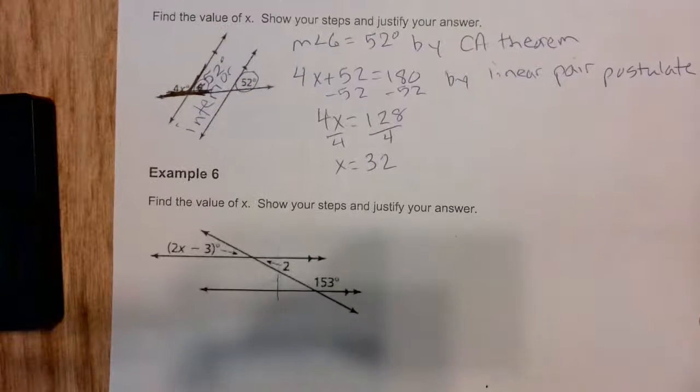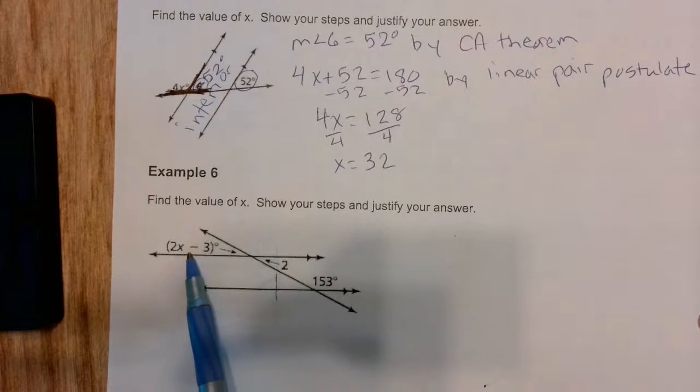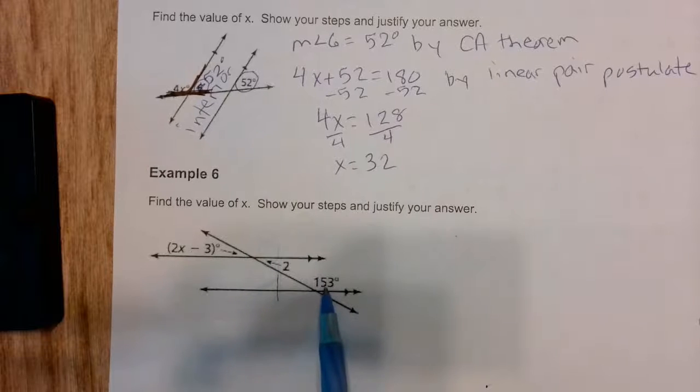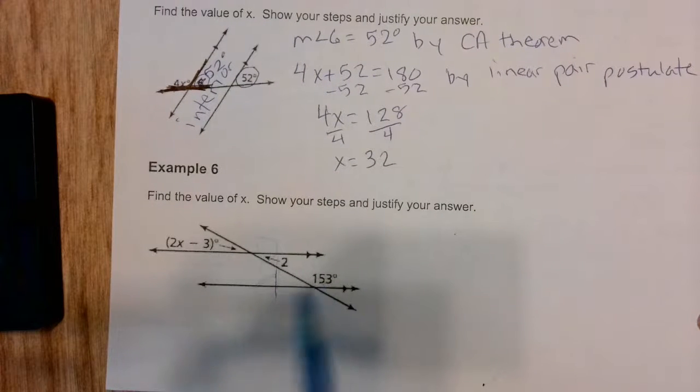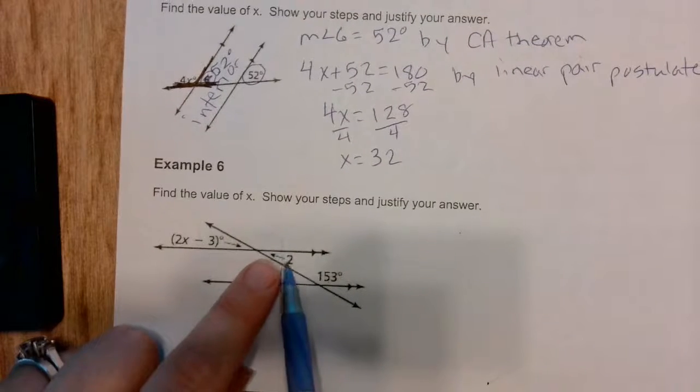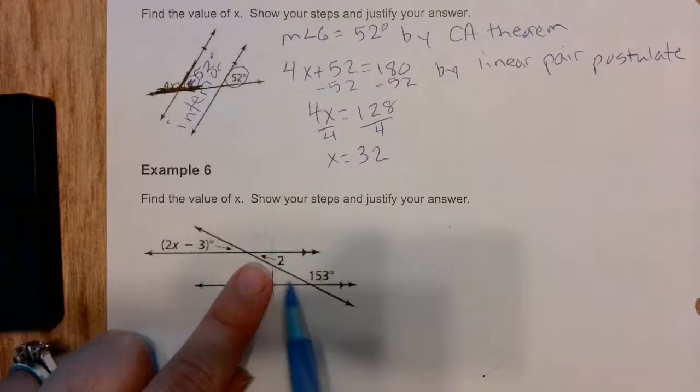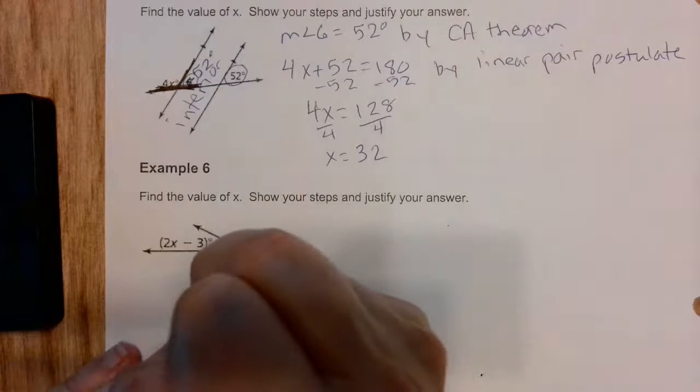Last example, find the value of x, show your steps, and justify your answer. So let's see here again. The 2x minus 3 is outside. The 153 is inside, but they're not corresponding. So we're going to have to use this angle 2 in the middle somehow. So let's see here.